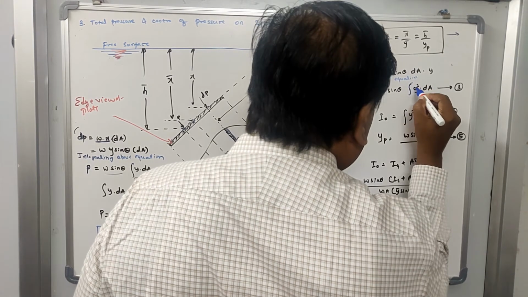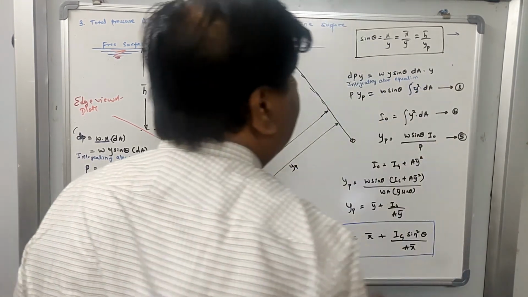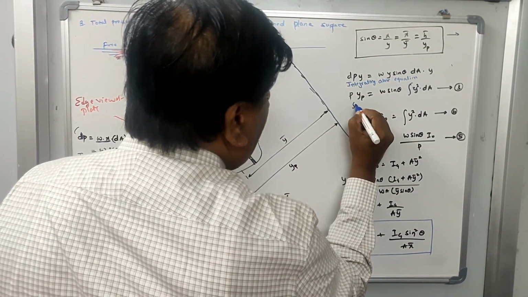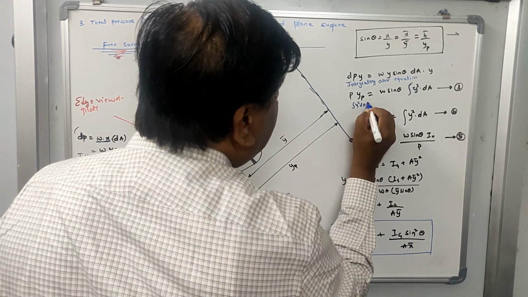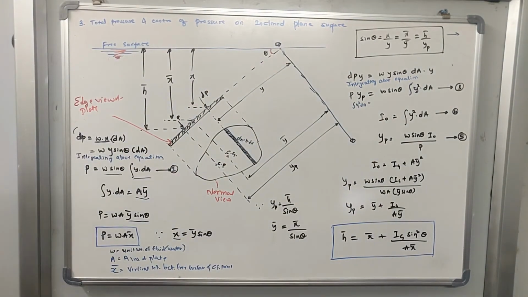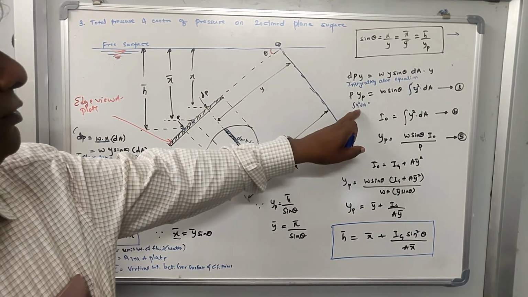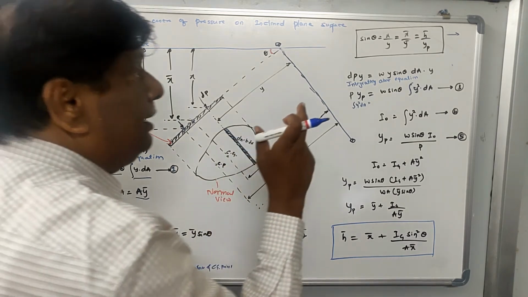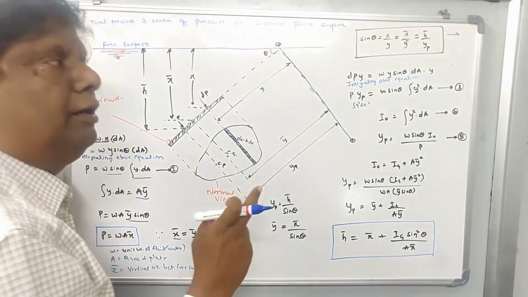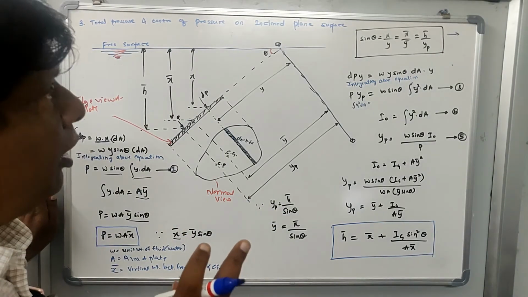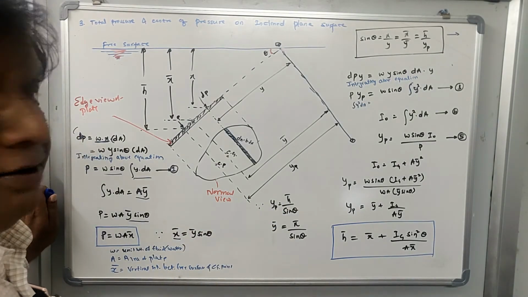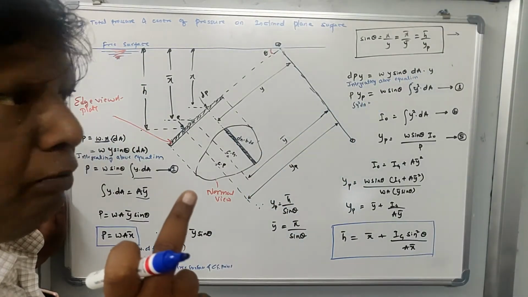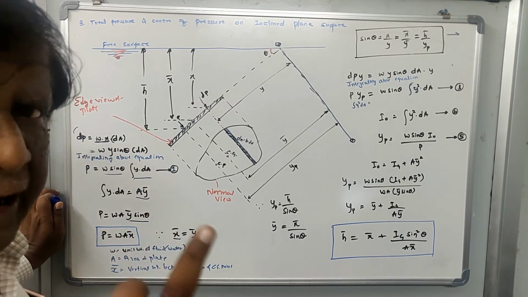Now you observe this term, the integration of y square dA. What is it? It is taking the moment of area about axis OO twice, because it is y square. dA into y gives the moment of dA about the axis one time.